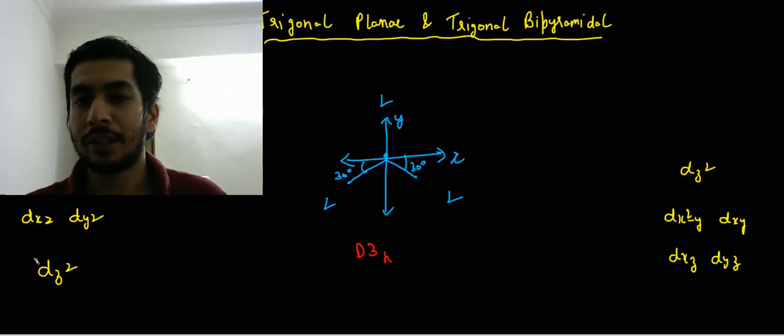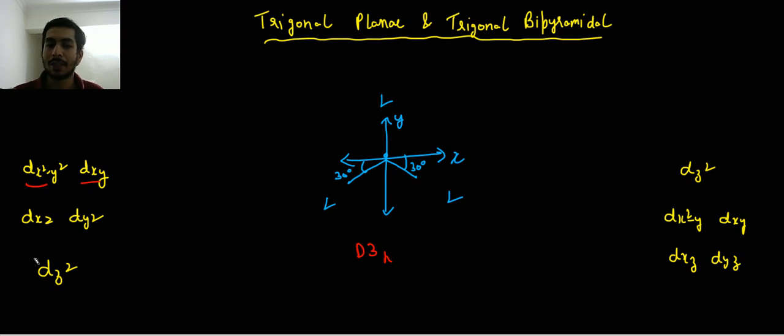Very similar is the case with trigonal bipyramidal, but now the only difference, and that's a very interesting difference, is that in trigonal bipyramidal there are two other ligands which are above and below the plane, right? So that means they're lying directly on the z axis. So obviously the energy of the dz square orbital will increase drastically, because over here, your dx square y square orbital was having only one direct repulsion, right?